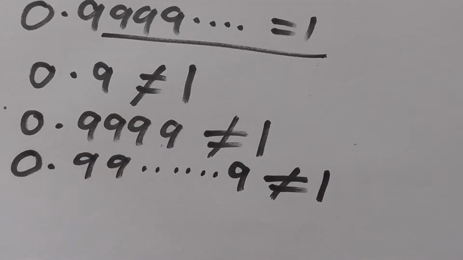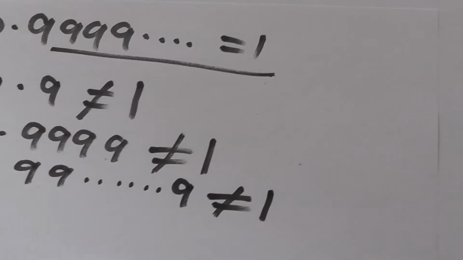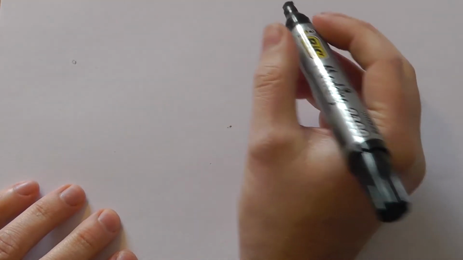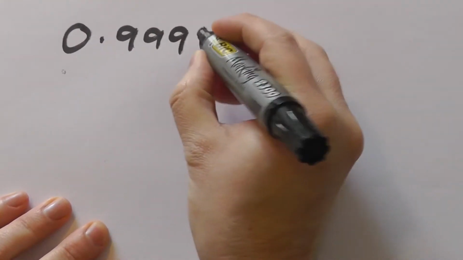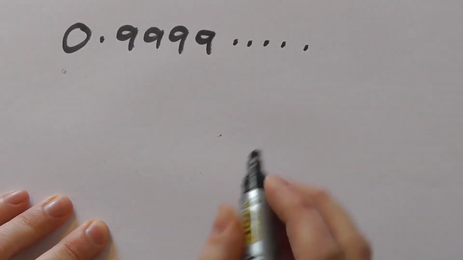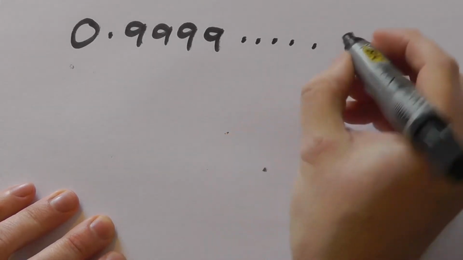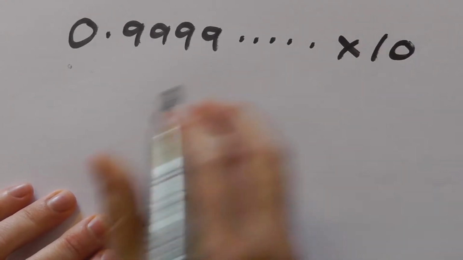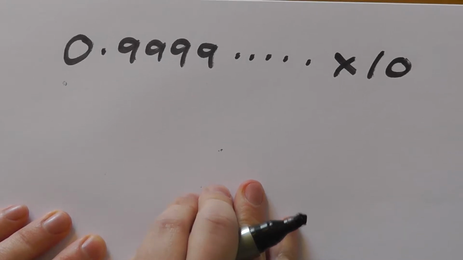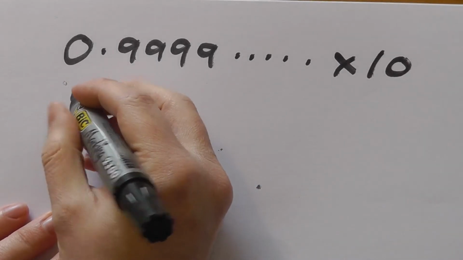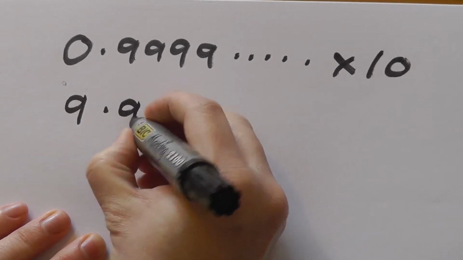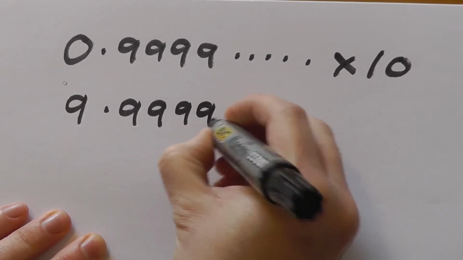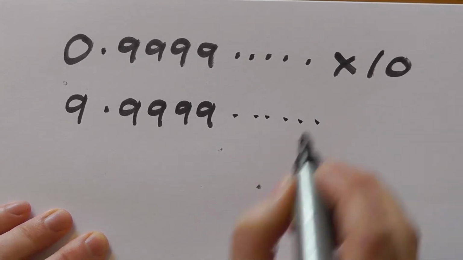Well, one way to prove that is to do a bit of mathematical manipulation on it. So, what is 0.999 going on forever, recurring, times 10? Well, when you multiply something by 10, you shift the digits one place to the left, so you have 9.9999 going on forever.